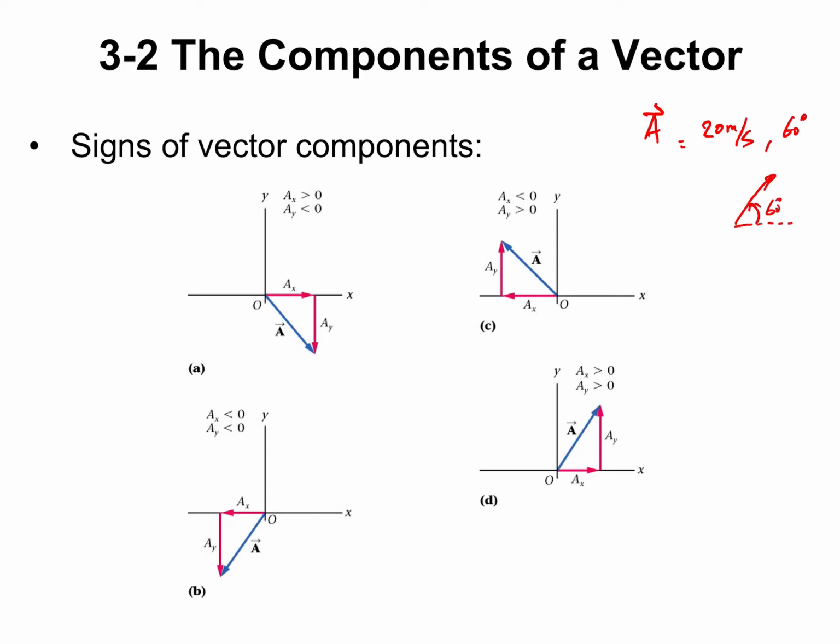What are the vector's components? X and Y. Ax equals A cosine 60, which equals 20 times cosine 60, and cosine 60 is 0.866.